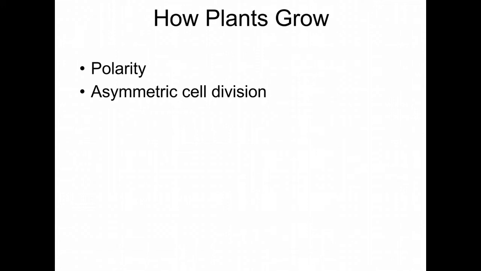And plants have this polarity. Why do plants grow up? What's the purpose of a plant growing? If you put a seed in the ground, the seedling comes up and it grows up. Why? Sunlight. Okay? Why do plant roots grow down?